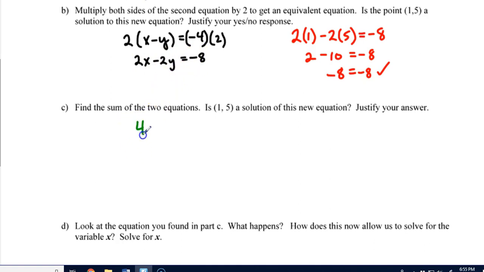So going back to our original equation, 4x plus 2y equals 14. That's our original equation. And now I'm going to take the manipulated form of that second equation, the one we multiplied by 2 to get.